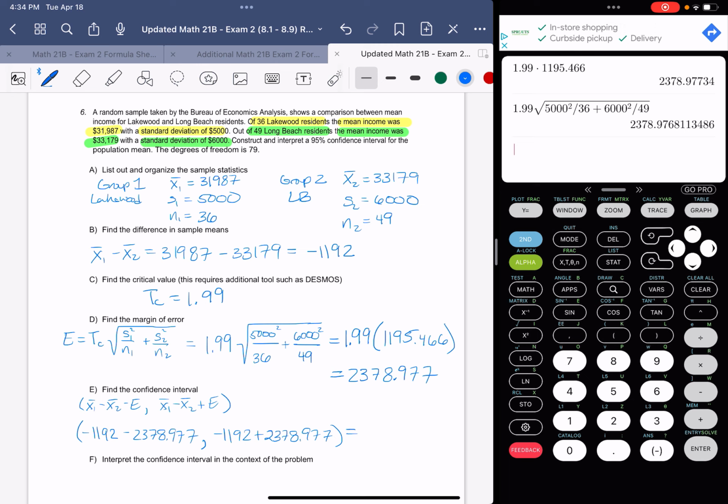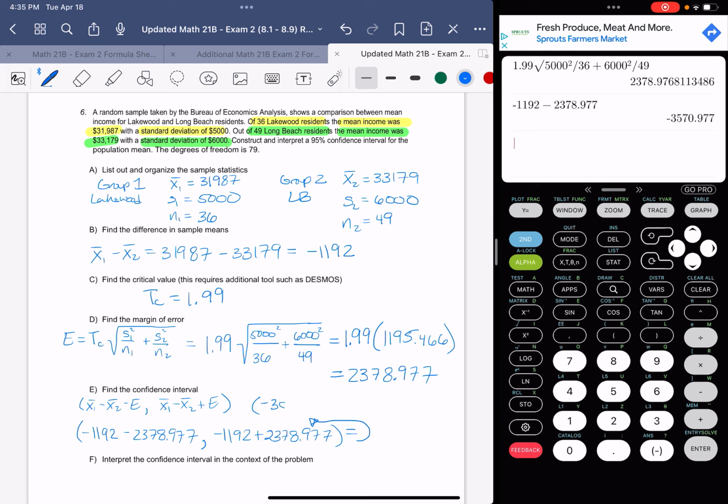And that equals, I'm running out of space here, I'm actually going to bring it back up here. So the final answer is negative 1192 minus 2378.977. So that'll be negative 3,570.977, comma, negative 1192 plus 2378.977.